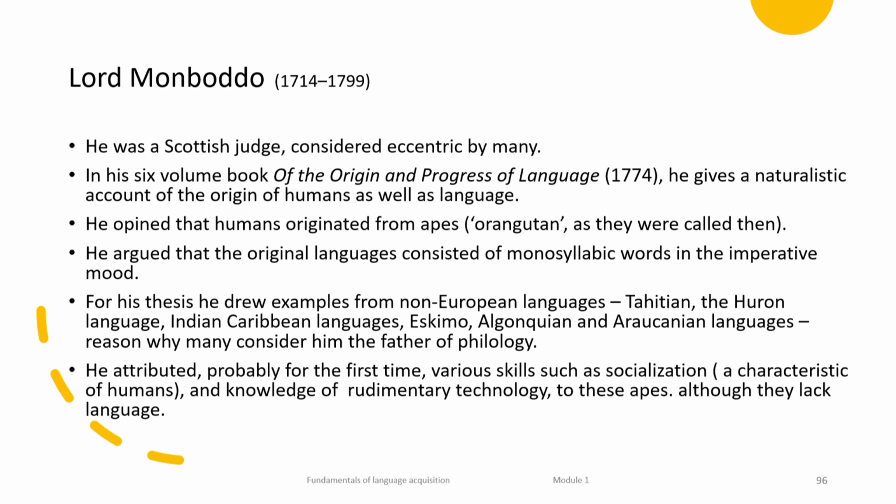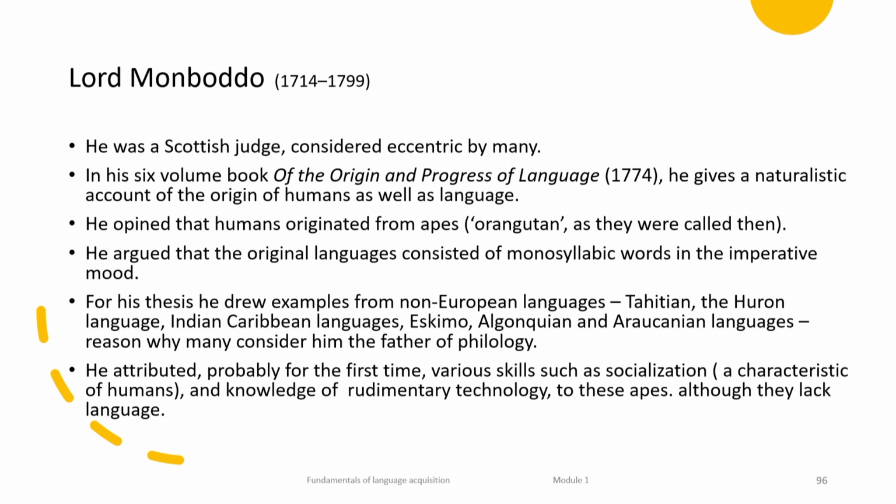He also uses the term orangutan. He opined that humans originated from apes, basically from the orangutans, and he argued that the original language consisted of monosyllabic words in the imperative mood, basically meaning there was no syntax, just monosyllabic simple vocalizations, that too in the imperative mode.